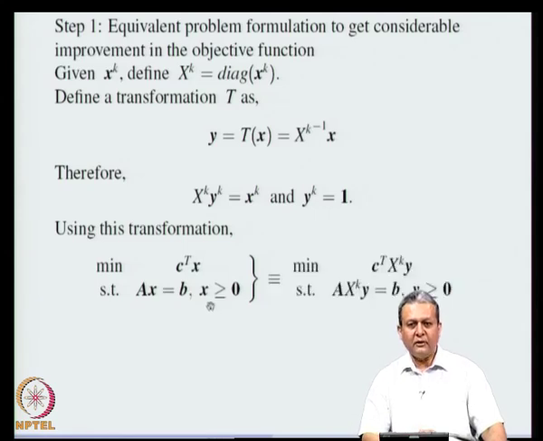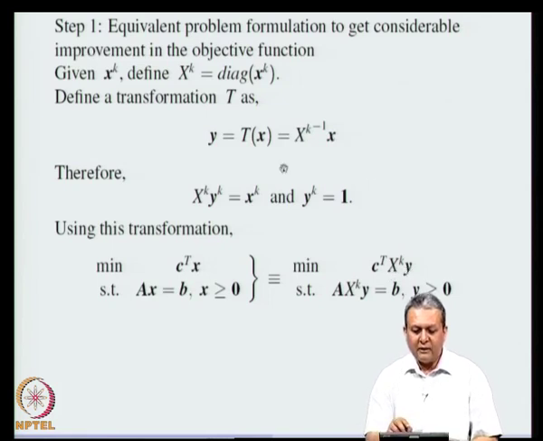So, in the y space, this program becomes: minimize c transpose X_k y, because x is nothing but X_k y, subject to A X_k y = b and y greater than or equal to 0. So, this is our new linear program. Remember that this is a linear program, because the objective function and the constraints are all linear in terms of the variable y.